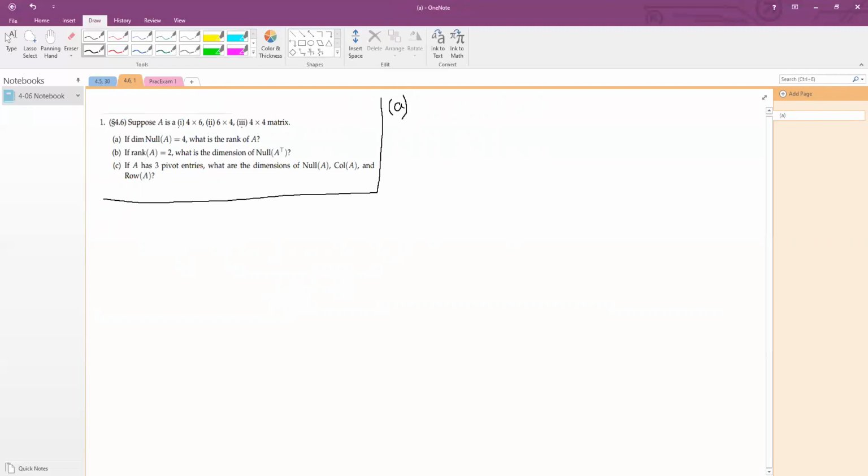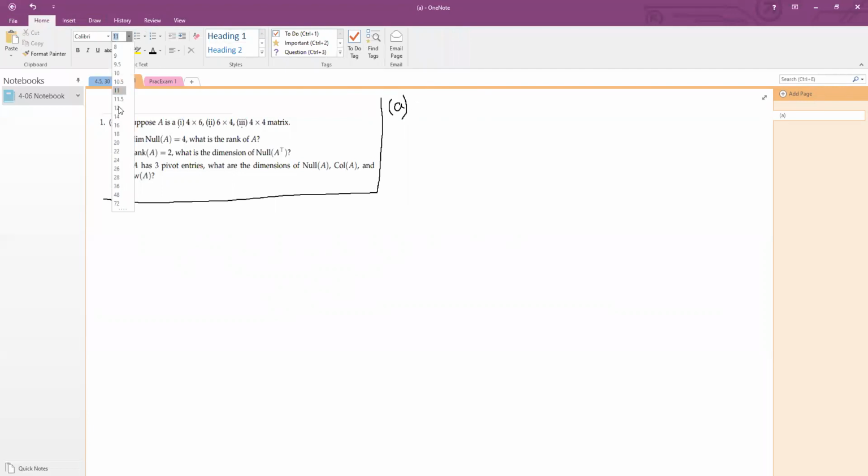So A asks us if the dimension of the null space of A is 4, then what is the rank of A? Let me pull up the text here. We have some equations related to this that can help us out.